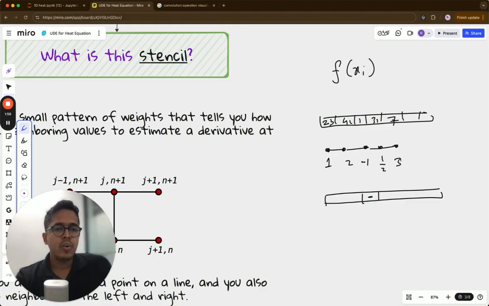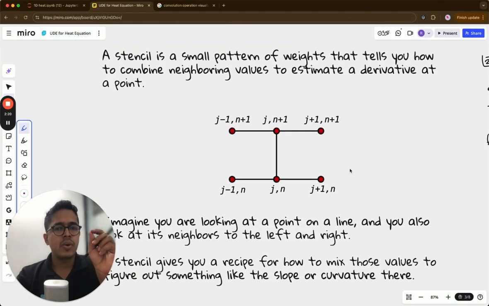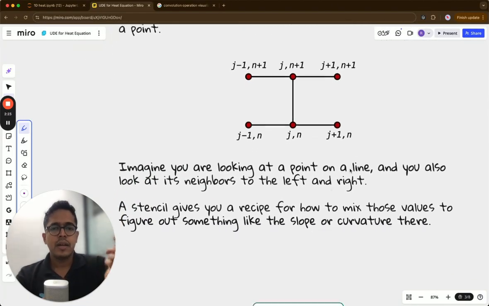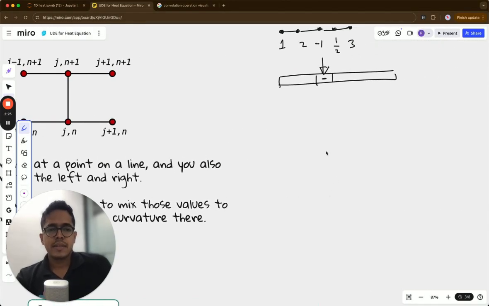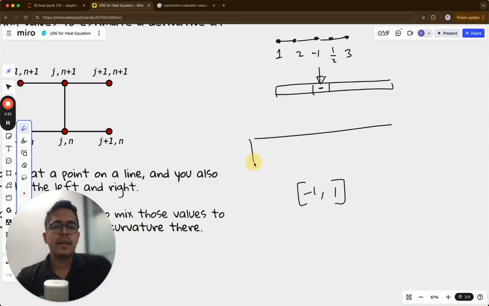So you can do a weighted sum of all of these numbers using the weights of this stencil as the weighing factors, and attribute that to one single data point in the output. If you remember, if you look at the convolution operation done using that kernel, this is exactly what happens. So I will tell you how to use a stencil to get a derivative. So if you are looking at a stencil of the form, let's say, -1, 1, right? So let's say this is your stencil and this is your data set.